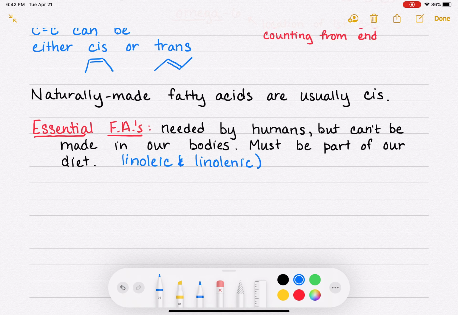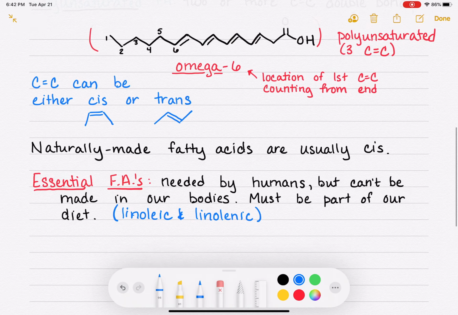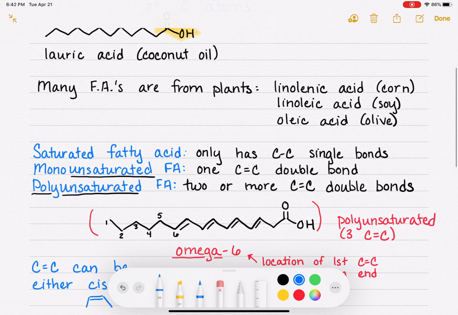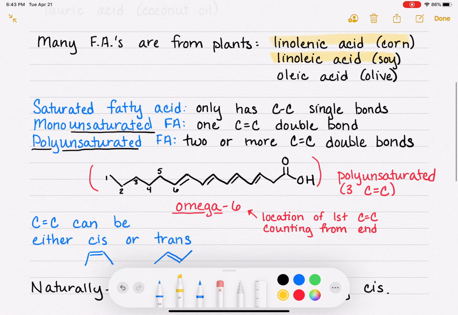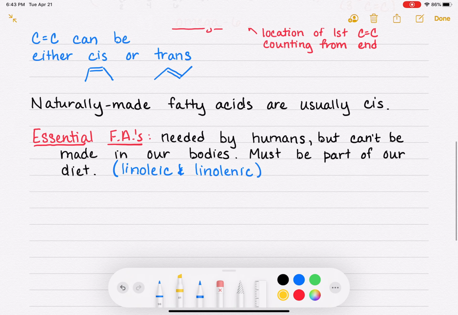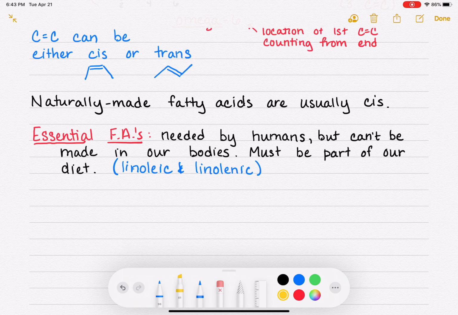If you look back up at what those are, linoleic and linolenic are the acids that are in corn and soy, which are a huge part of our diet. So we get plenty of those, and we don't have to worry about being deficient with either one of those.